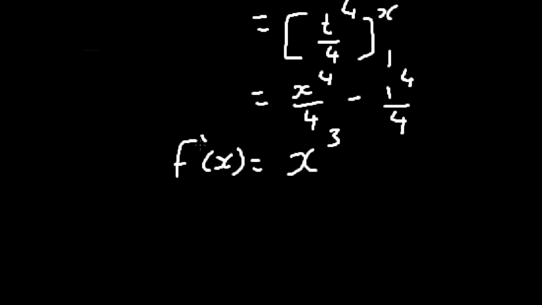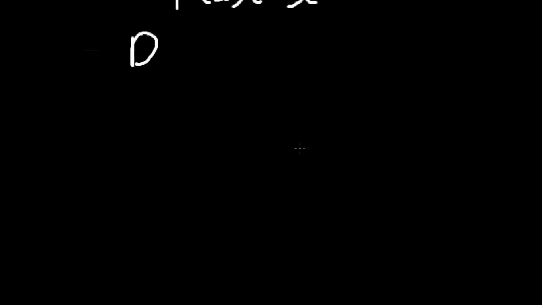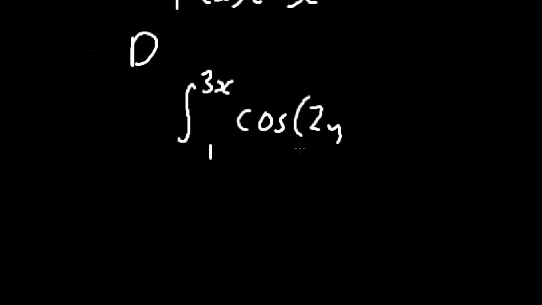Now we move on to part D. This is asking us to find the derivative of another funky function. So our original function is 3x, and it's this cos 2y dy.